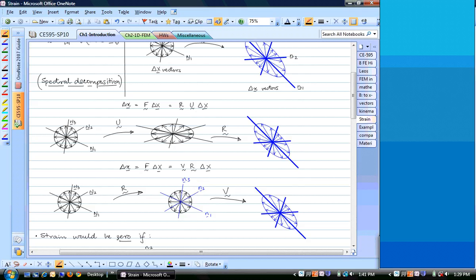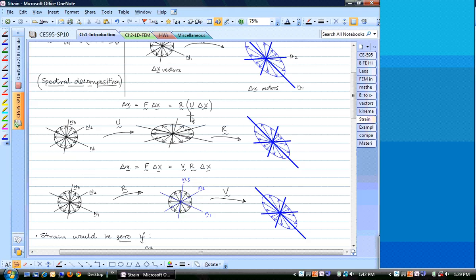Another way to interpret this relationship is that this tensor U is going to act upon these vectors, and basically stretch them along some directions.